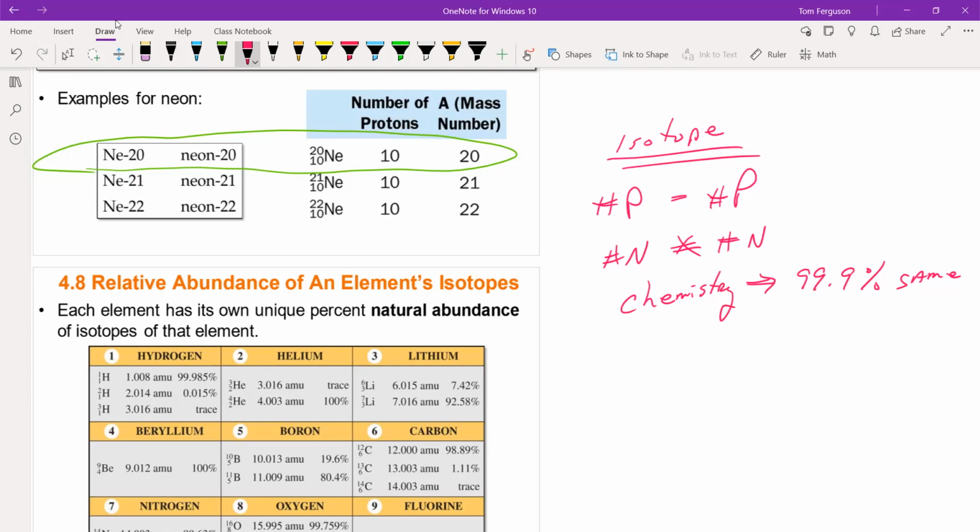Also, who's heard of the Manhattan Project? Anyone? A couple of you. Okay. The Manhattan Project was initiated by FDR, Roosevelt, during the Second World War to develop an atomic bomb. What they needed for that process to work was something called uranium, but it had to be a special uranium.